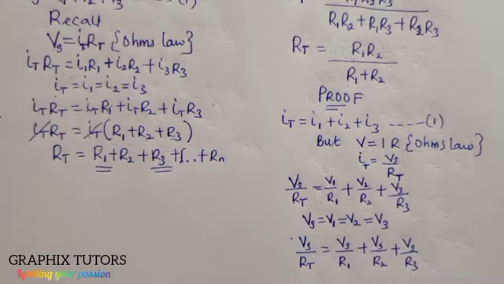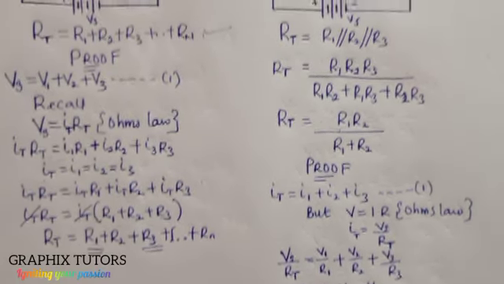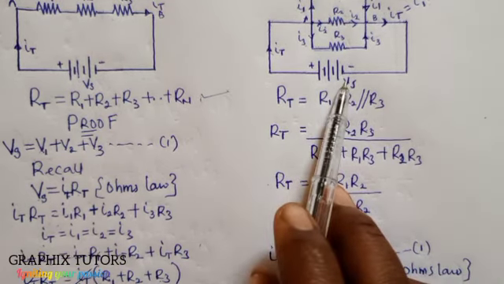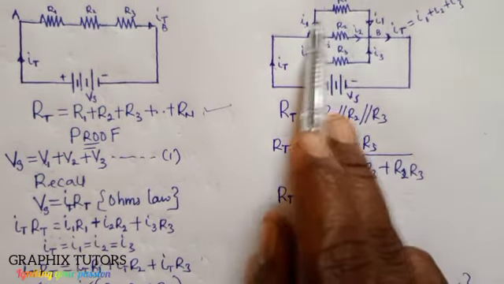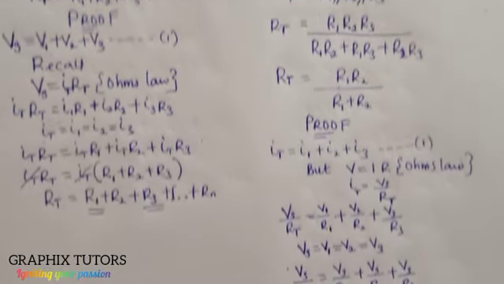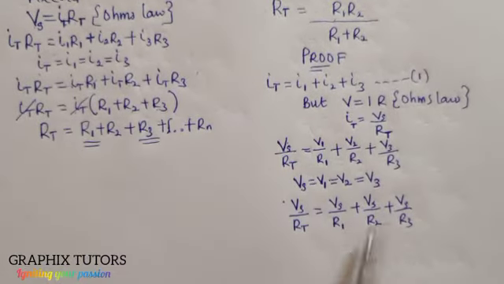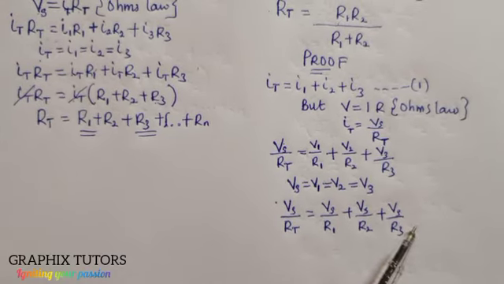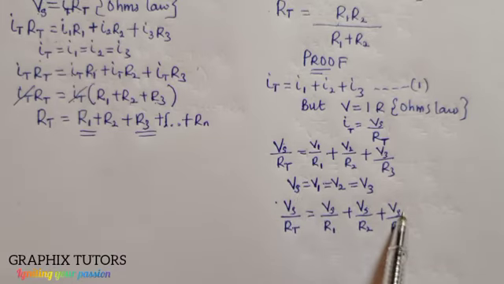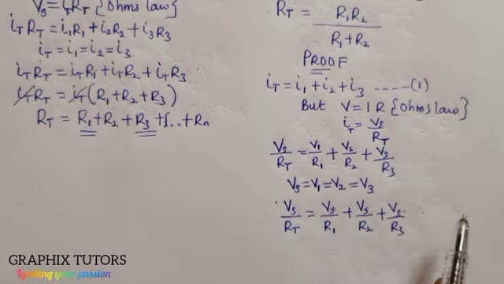If you remember what I said earlier in this video, if this is 100 volts, it means 100 volts will be flowing across each resistor. So the voltage at each of these resistors is the same. I'm using Vs, but if I like, I can use V1, V1, V1, or V2, V2, V2.